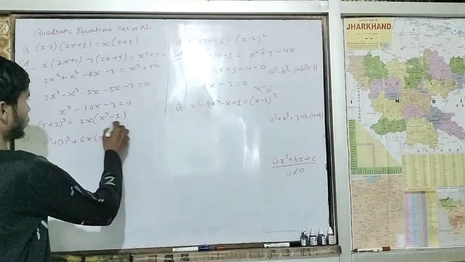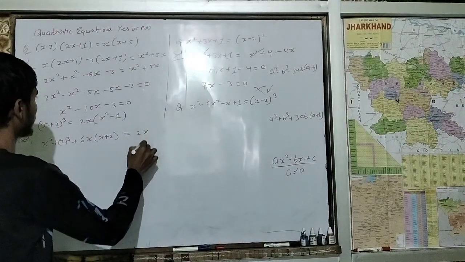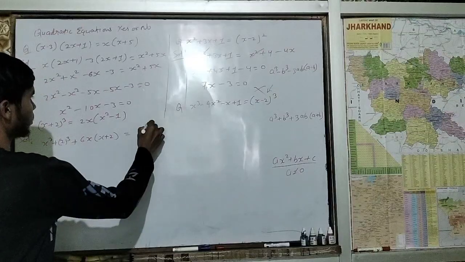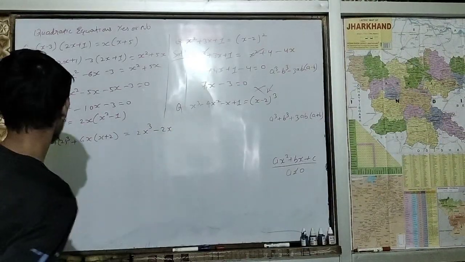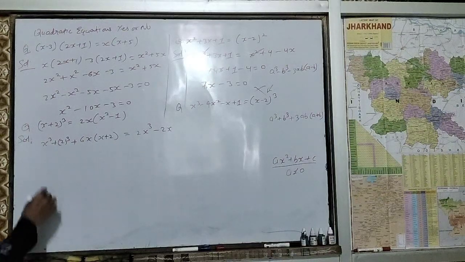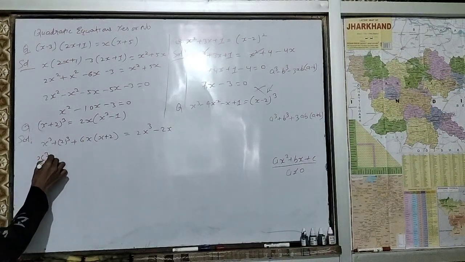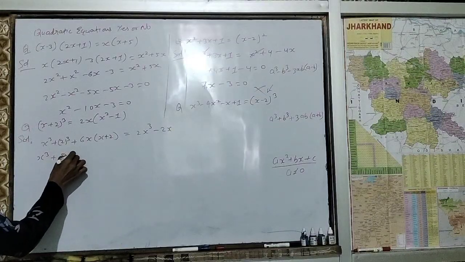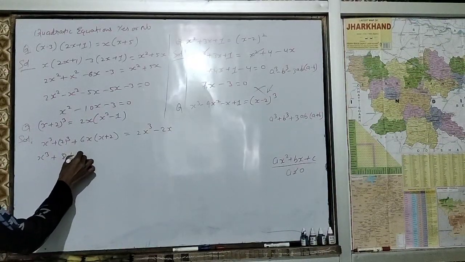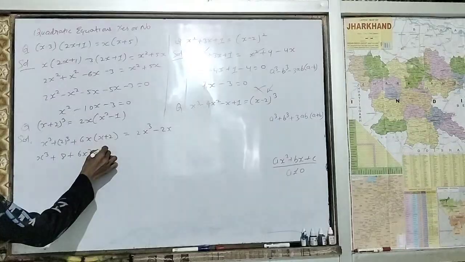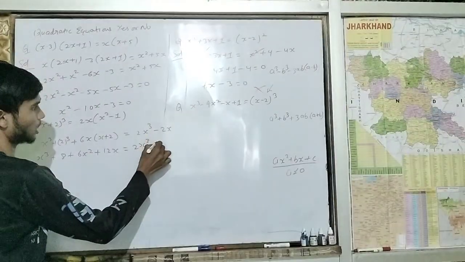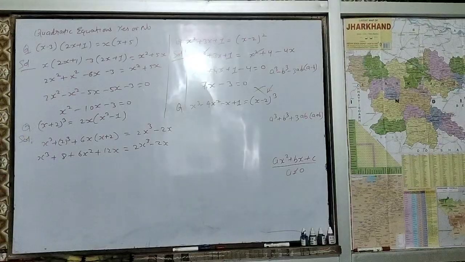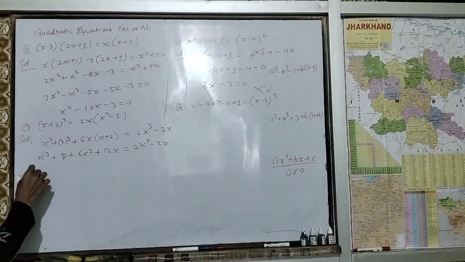Now it is becoming 2x cube minus 2x. x cube plus 8 plus 6x square plus 12x. 2x cube minus 2x. Okay, this part is done.